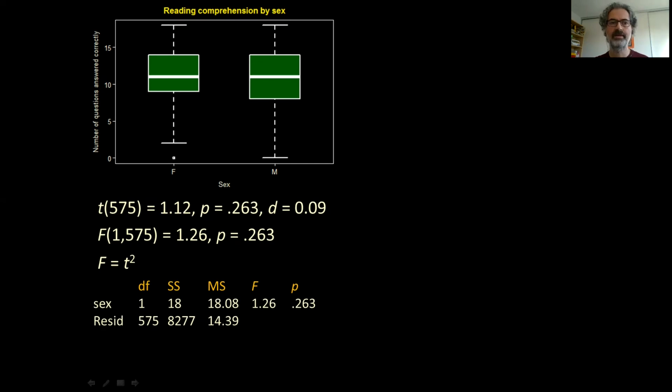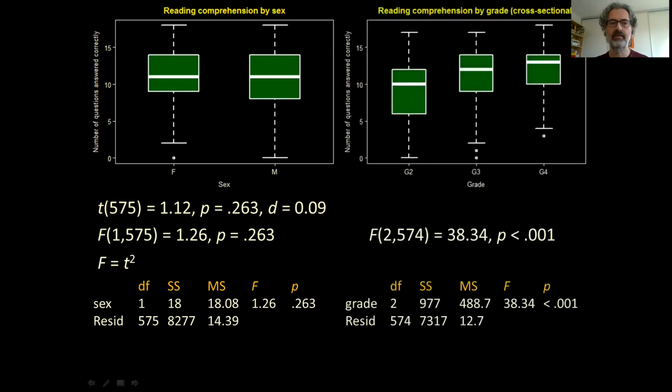Let's now analyze the other independent variable separately, again, only by one-way ANOVA, because here we have three groups. So it is not possible to run a t-test with three groups. If we wanted to compare these with t-tests, we would have to run three different t-tests, one for each pair of grades.